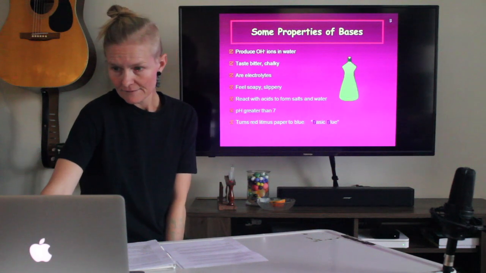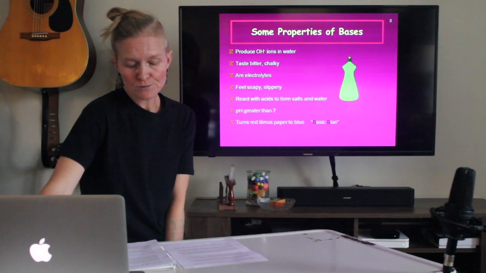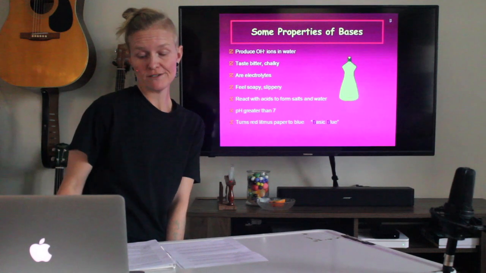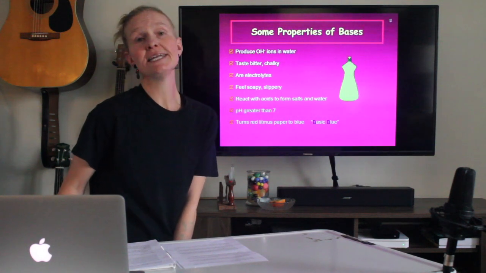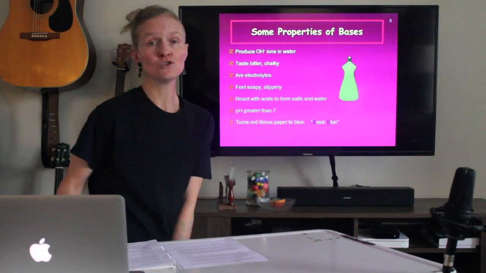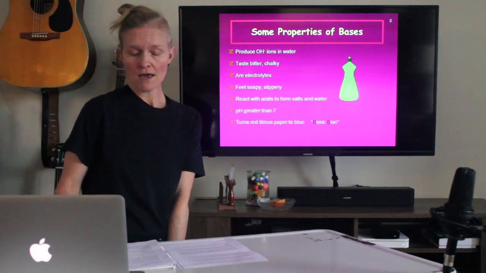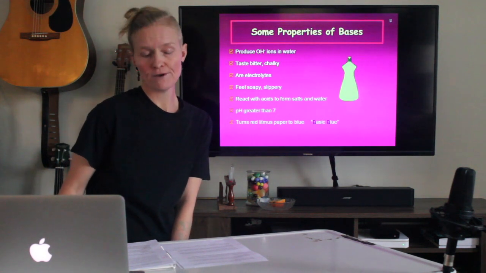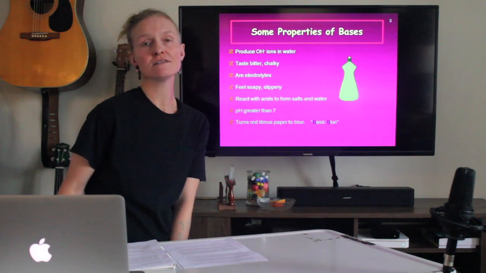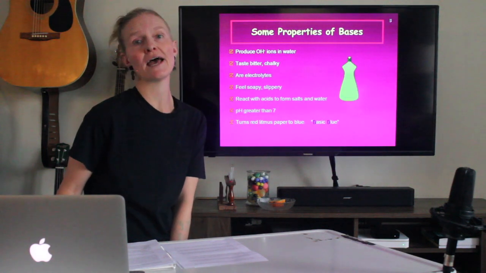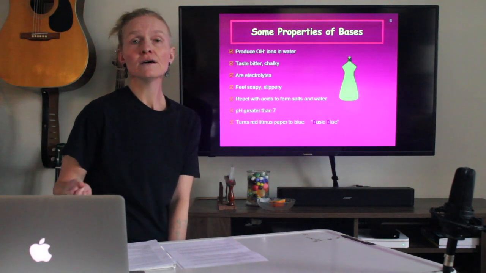So once again, the physical properties are that they taste bitter when dissolved in water. You should never ever taste a base. You should never test this out, okay? Bases are very, very dangerous and can cause severe skin irritation and damage to your skin.